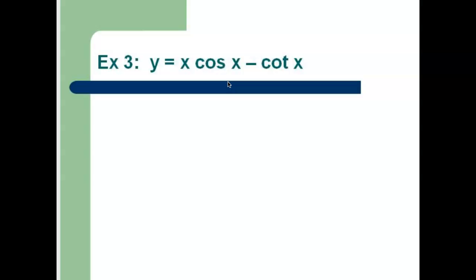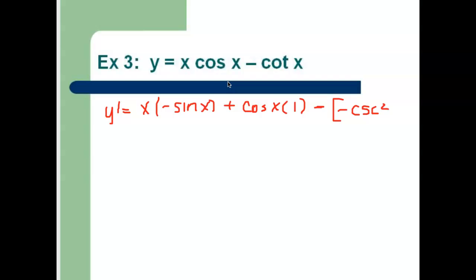And then last two examples, you have y prime equals first times derivative of the second. So derivative of cosine is negative sine, plus the second times derivative of first, minus the derivative of cotangent, which is negative cosecant squared.